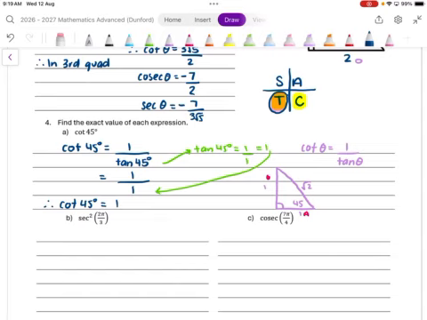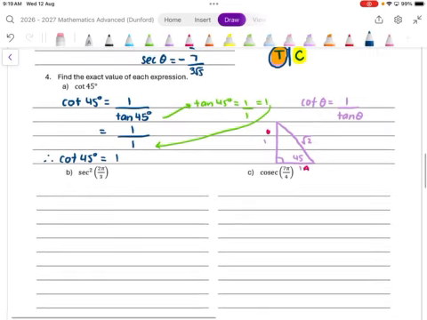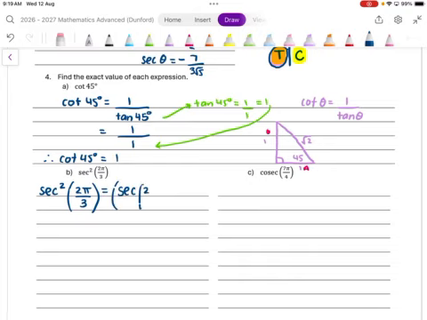Okay. What we then have for our next one is sec squared 2 pi on 3. When we have something squared, it's sec 2 pi on 3 all squared.